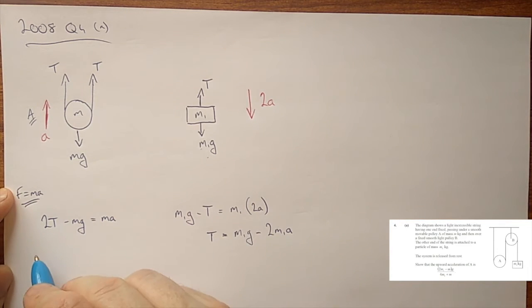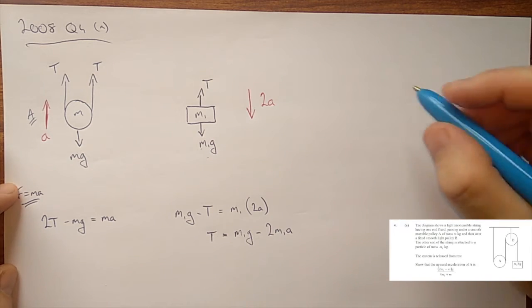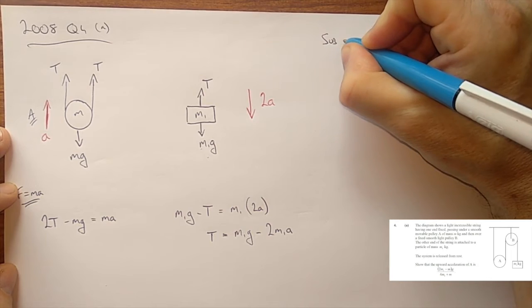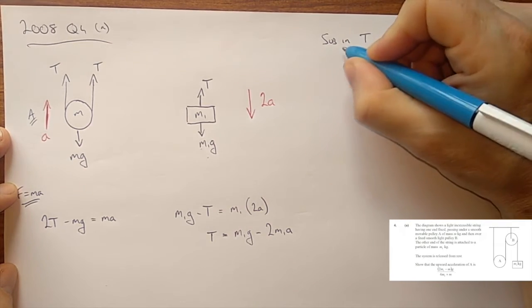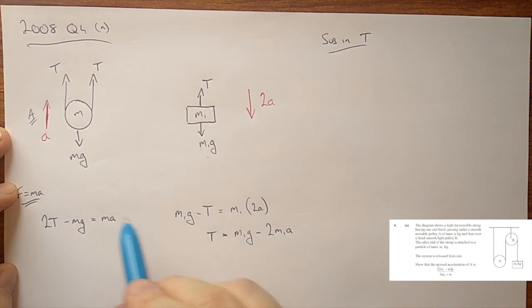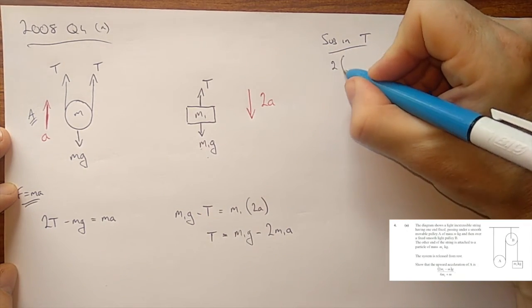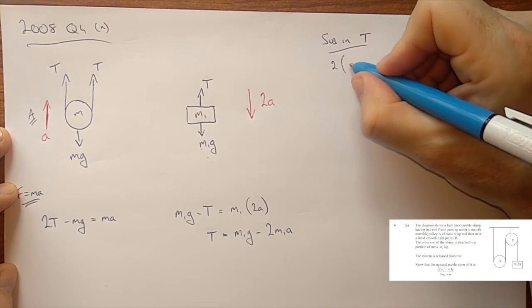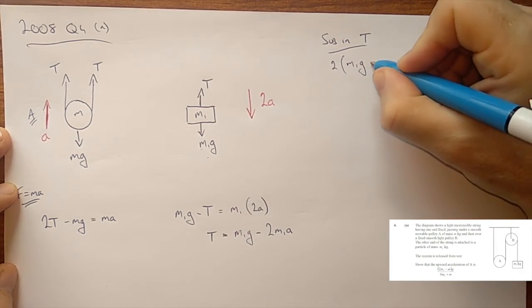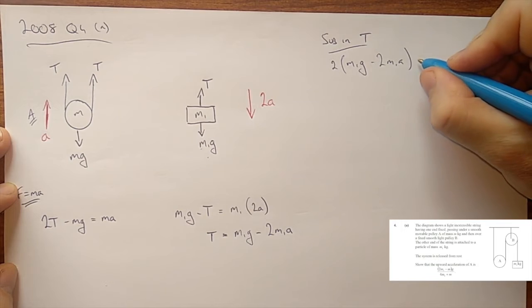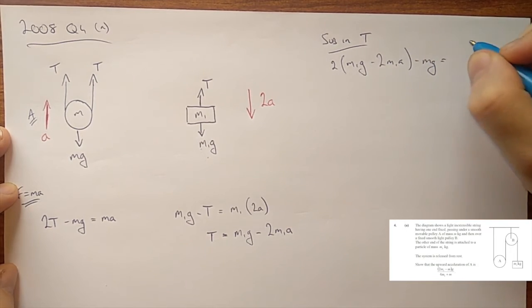So what we'll do then is go up to the other equation and substitute in t. This t is going into this equation here. That means 2 times m1g minus 2m1a, minus mg equals ma.